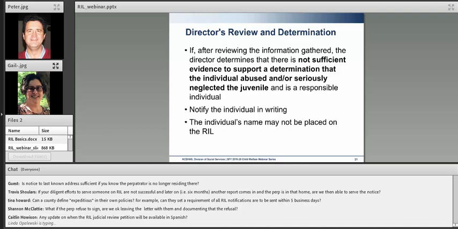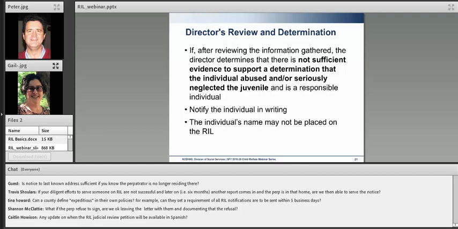This doesn't mean the director has to reverse the case decision. Of course, the director can. If the director looks at the whole case and says, this isn't good, I'm reversing it, yes, but it is not required. The case decision theoretically may stand, but the director might say, I don't think you have sufficient evidence to have identified this person as the responsible individual, and so we're not going to go forward.